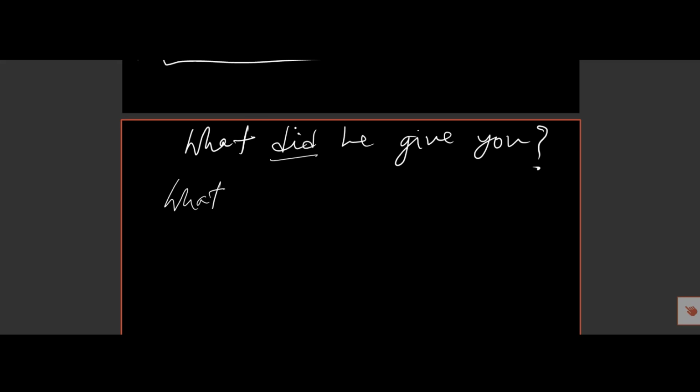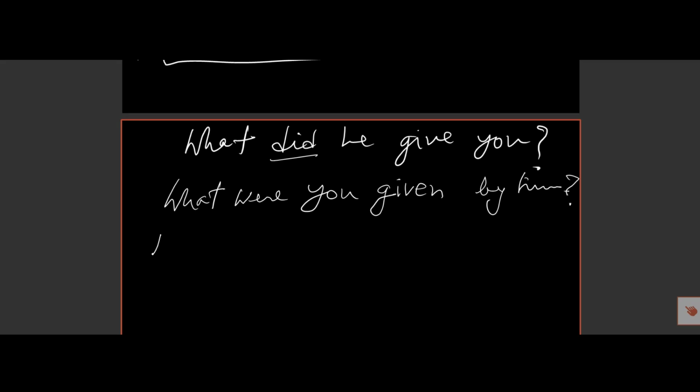What, and past tense, we know past indefinite tense. If the sentence is past indefinite tense, then we must put here was or were. As the person is second person, so we must put here were. What were you given, the main verb will be in the past participle form, given, by, he will be him, and then a note of interrogation.